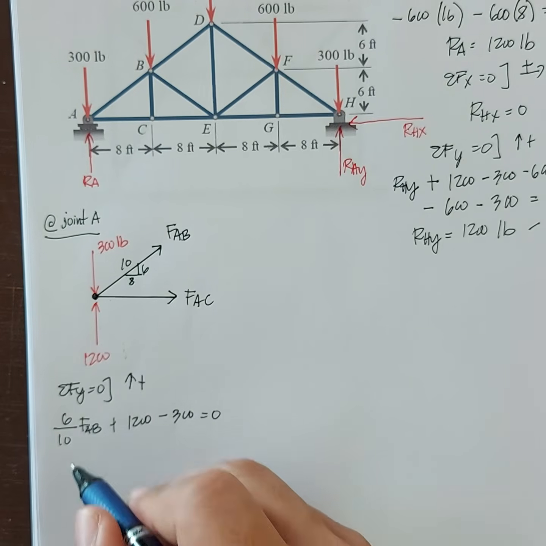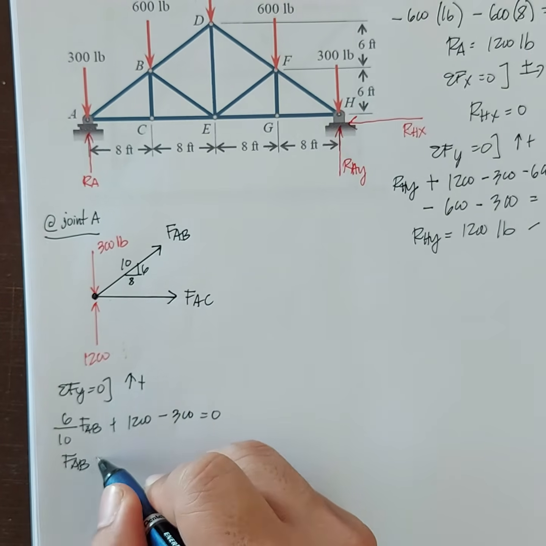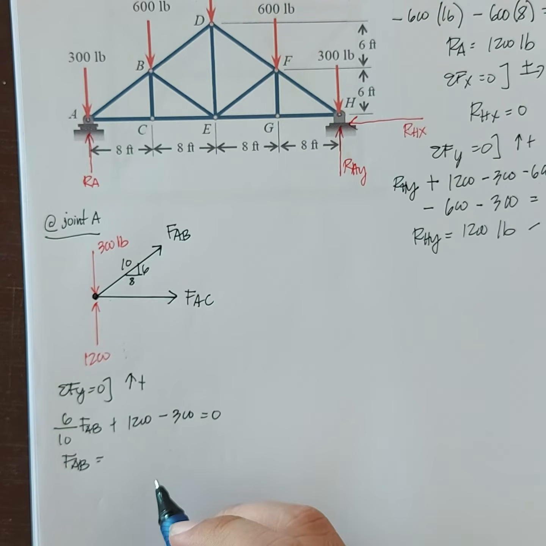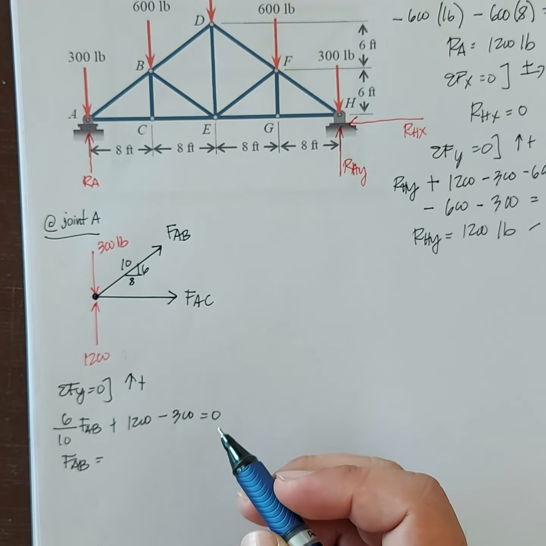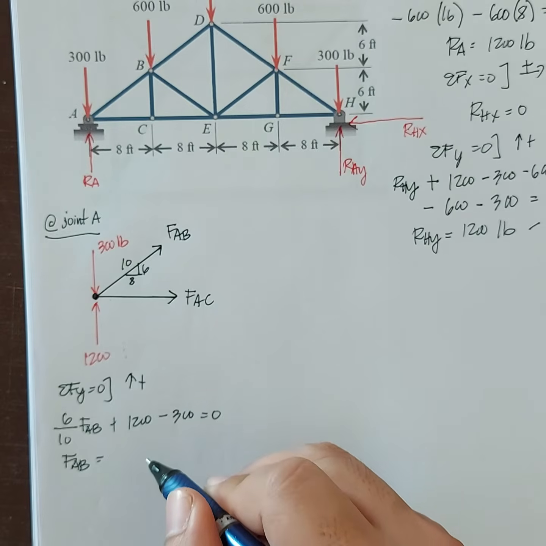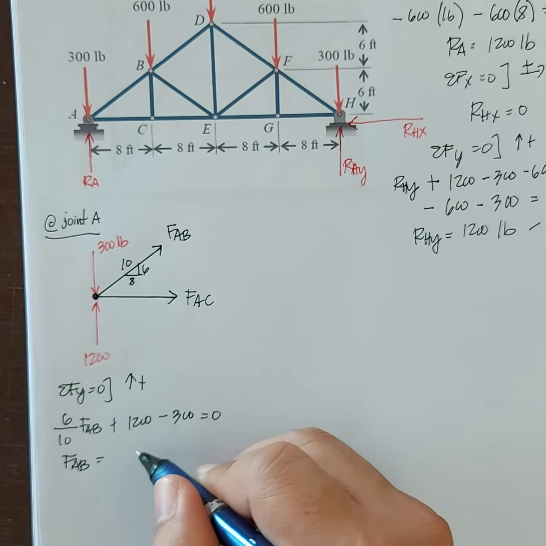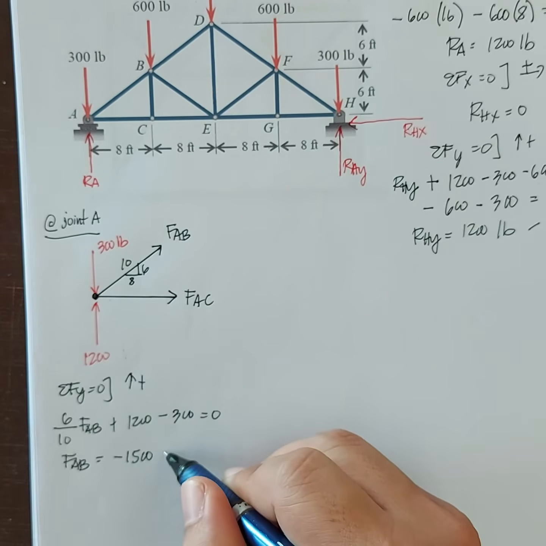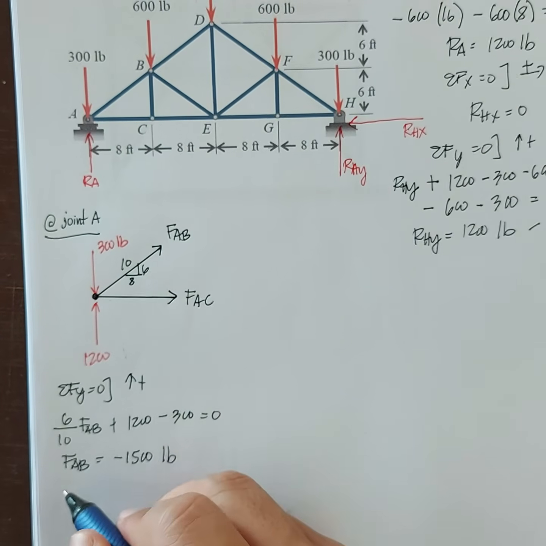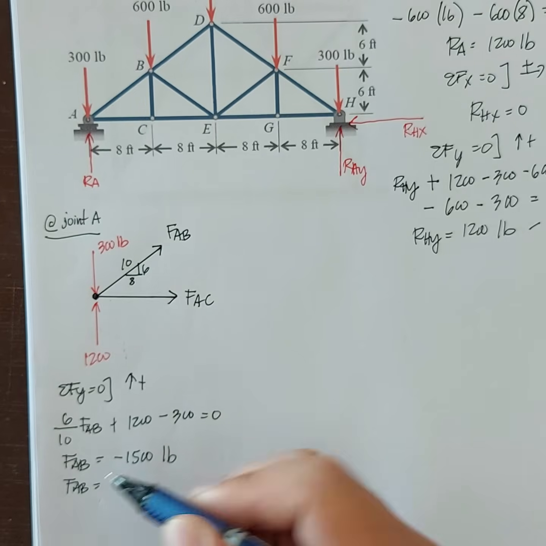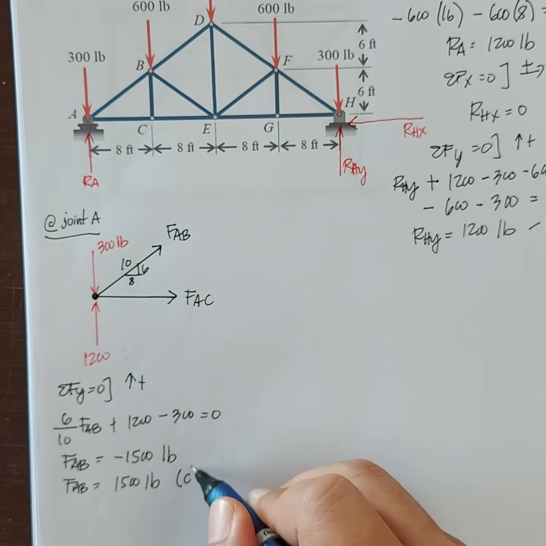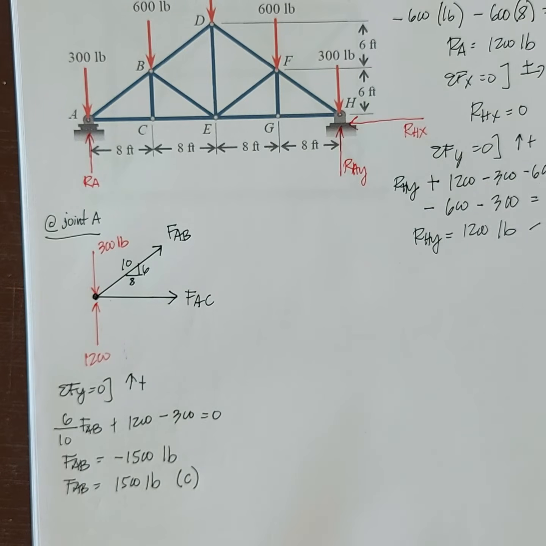And then FAB is equal to negative 1,500 pounds. It is negative, which means FAB is 1,500 pounds compression. Okay.